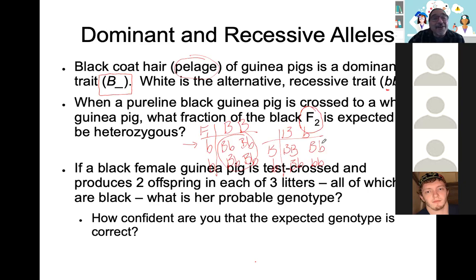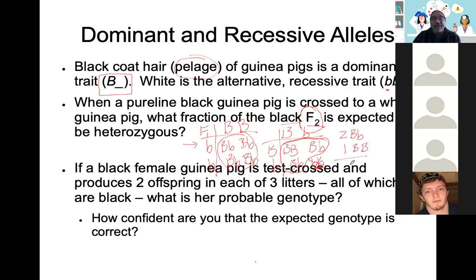Oh man, whoever wrote that poll made a mistake. We know that the homozygous small b is white. So when we ask the question, what fraction of the black F2 is expected to be heterozygous, we're really only talking about these 3, and we have 2 out of 3 total.